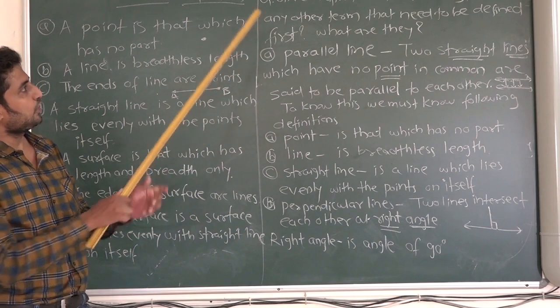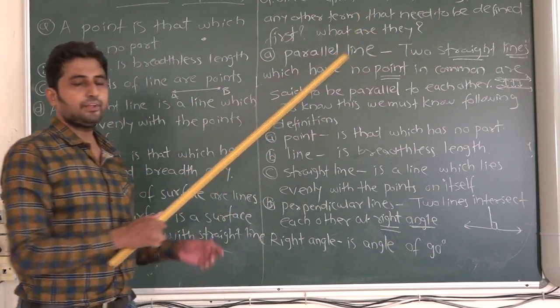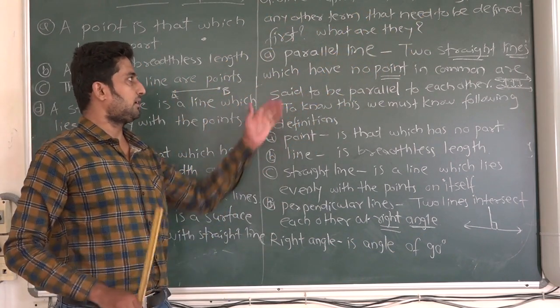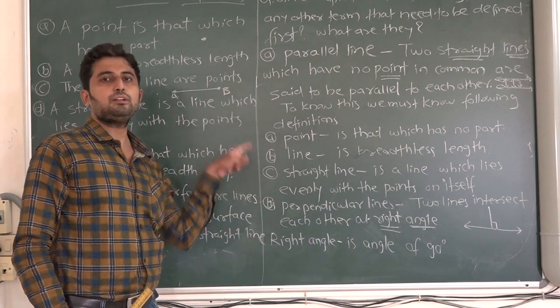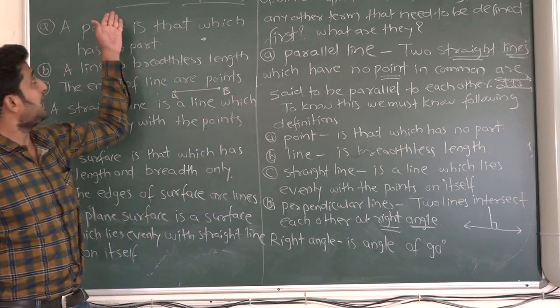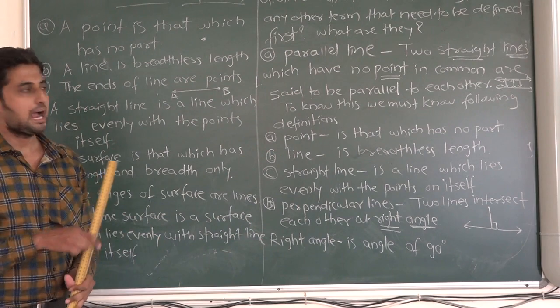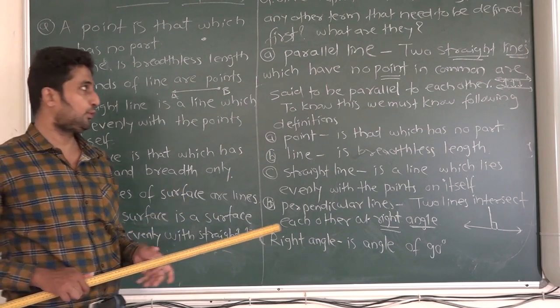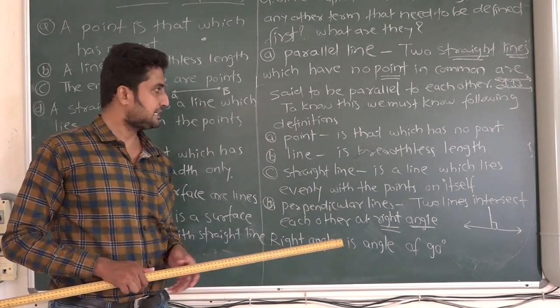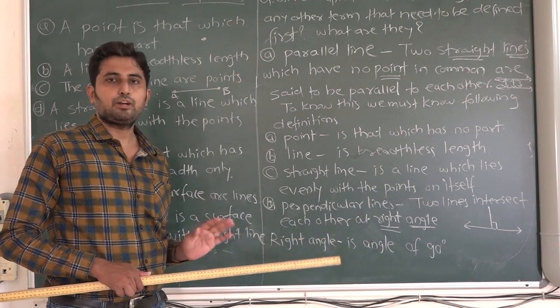Means for such type of question, we must know all the fundamentals that we have studied as the Euclid definitions, and these definitions are very much helpful in order to solve the exercises given in 5.1 and 5.2.